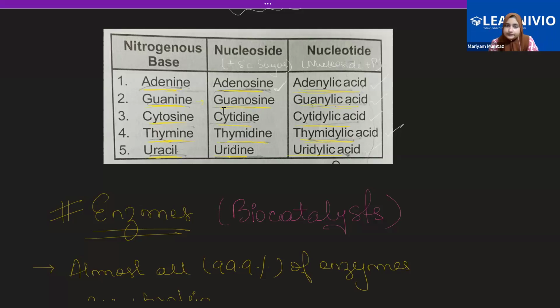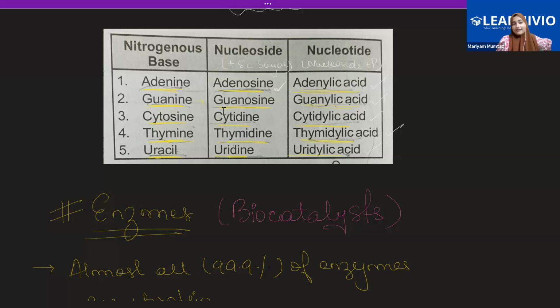Yes, ma'am. Then third, we have cytosine. When cytosine has a 5-carbon sugar attached, it will form a nucleoside called cytidine, and the nucleotide associated will be cytidylic acid.